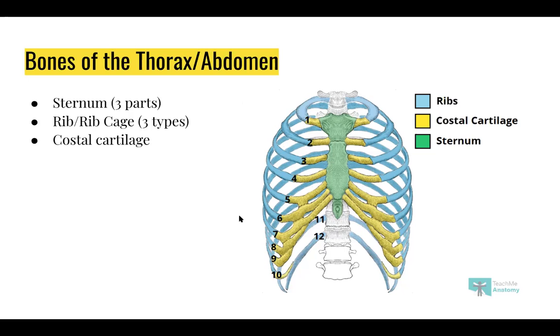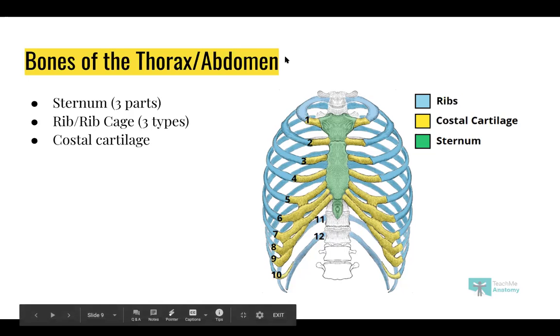So I see that we got one answer, and it said the true ribs. That is part of it, but both the true ribs and the false ribs are attached to the thoracic vertebrae. As you can see, the highlighted yellow parts are attached to it, and the floating ribs are not attached.